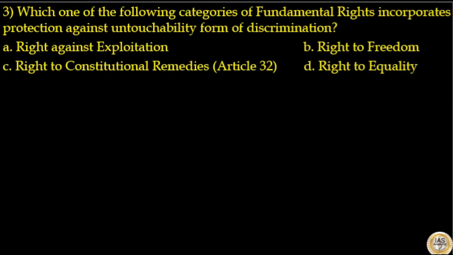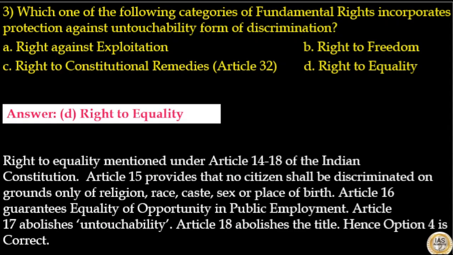Which one of the following categories of fundamental rights incorporates protection against untouchability form of discrimination? Options are right against exploitation, right to freedom, right to constitutional remedies, right to equality. Here the answer to this question is option D, right to equality. Right to equality is mentioned under Article 14 to 18 of the Indian Constitution.